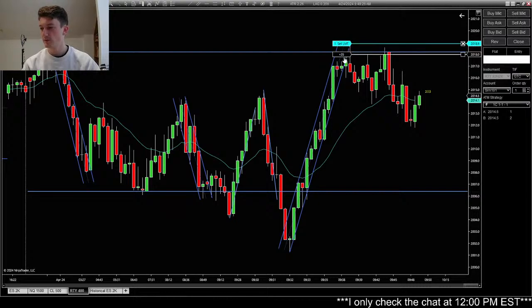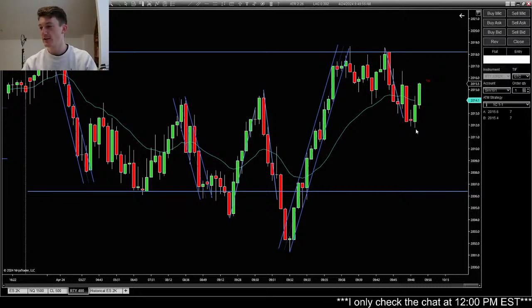Okay, possibility for the failure here. Okay. Order canceled. As I was sort of thinking about this trade, I was like, why am I really expecting prices to go lower here?